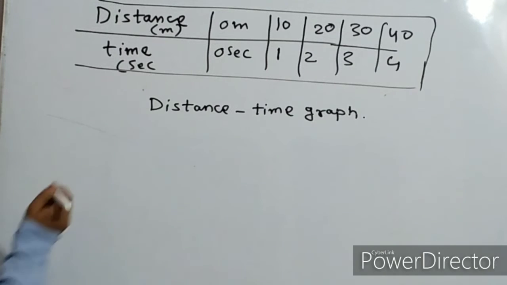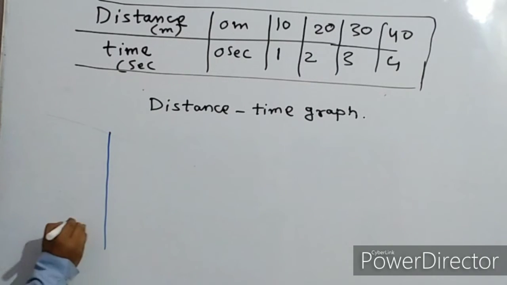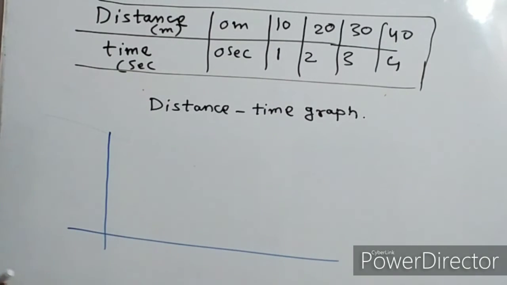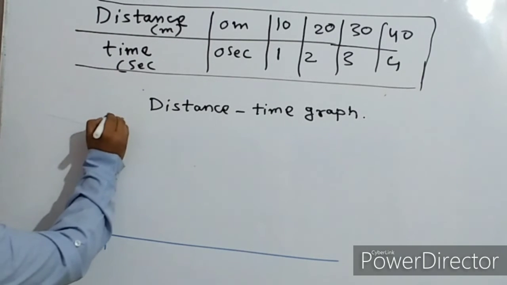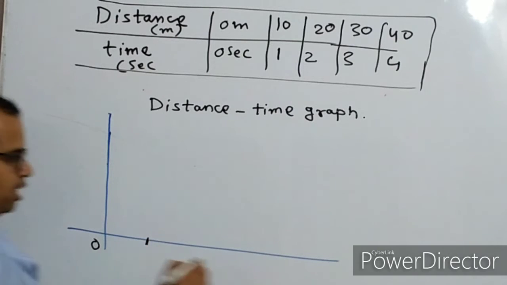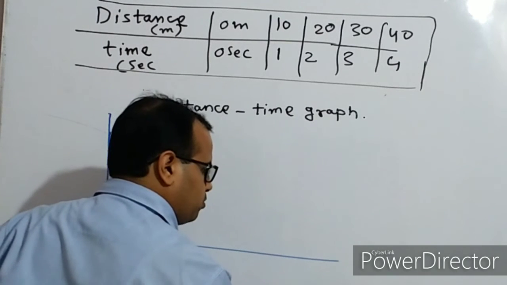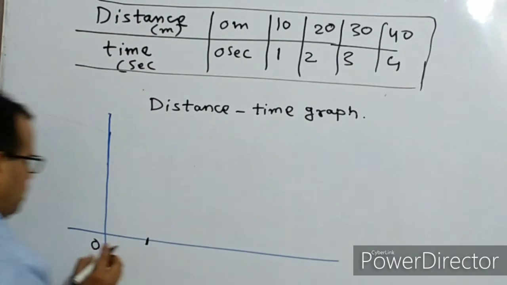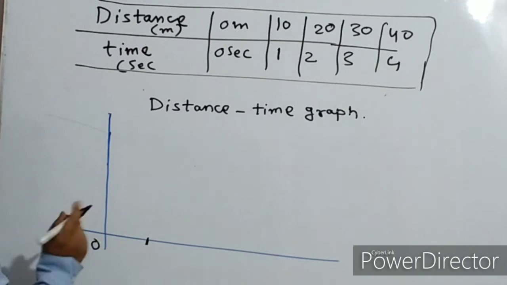So you have the distance time graph. Here on the x axis you have time, and on the y axis you have distance. So this is point O. Here you have the time axis, and this is 0.